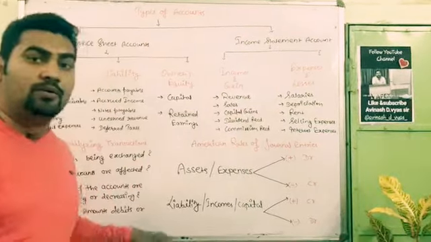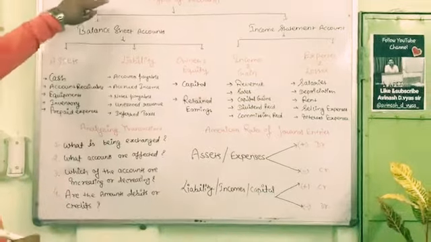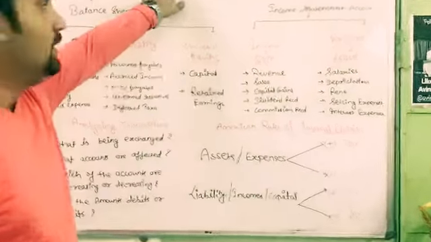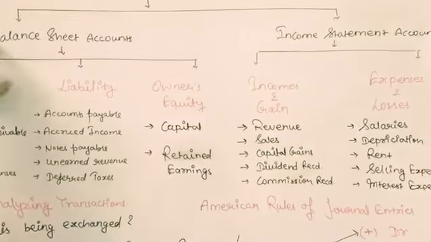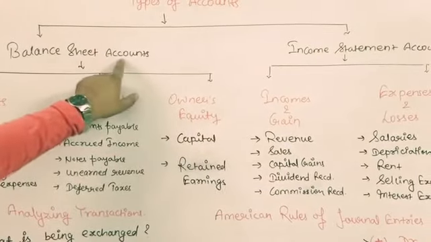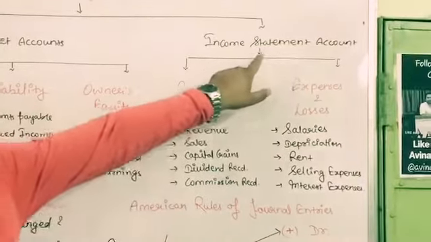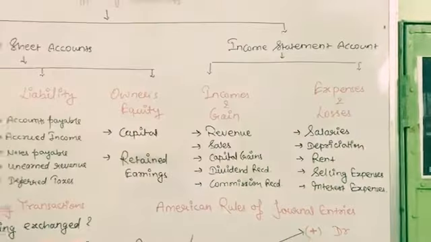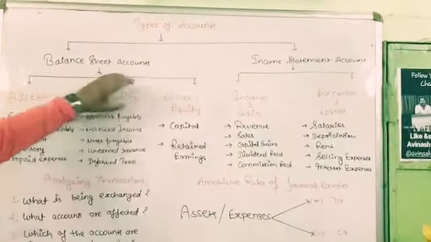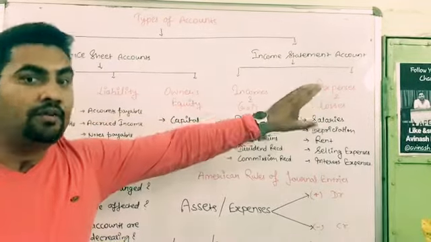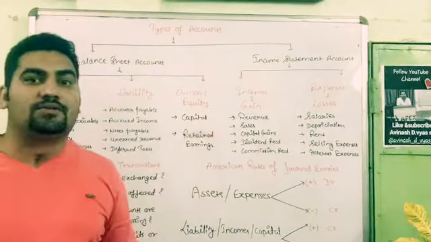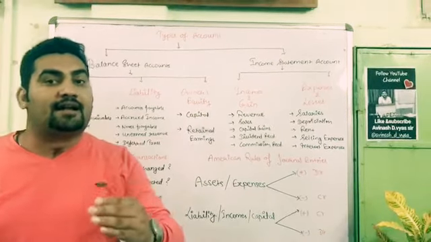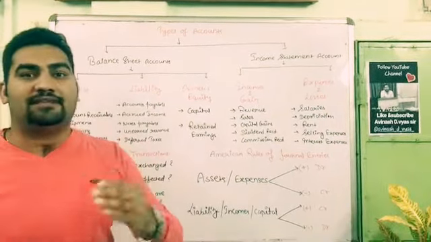You can see on the board, we have divided the types of accounts into two parts. Number one, balance sheet accounts. Number two, income statement accounts. So majorly there are 5 types of accounts in our view, which you will find everywhere, because the other accounts which we open are the sub-headings of these accounts.